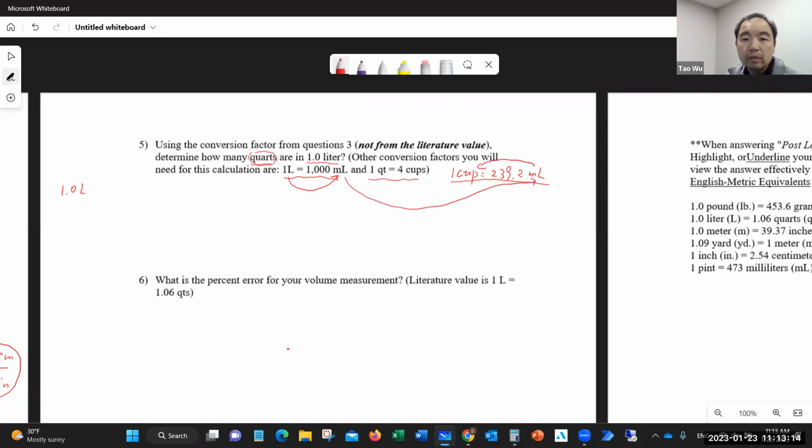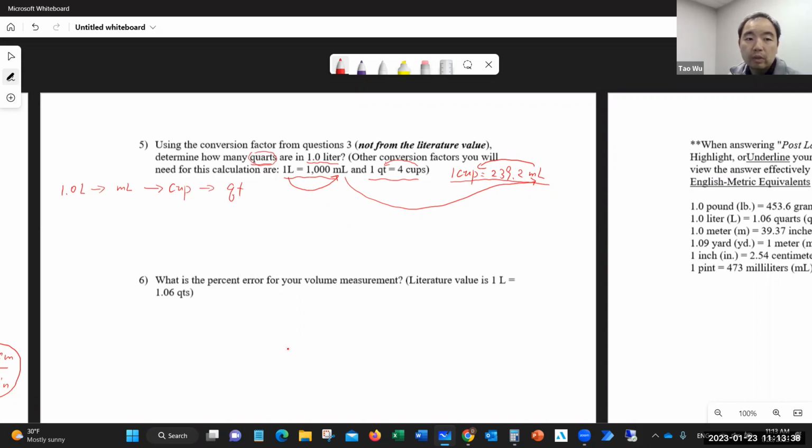And the last part is, once you have cup, you convert the cup to the quart. So you have a 3 step conversion over there.